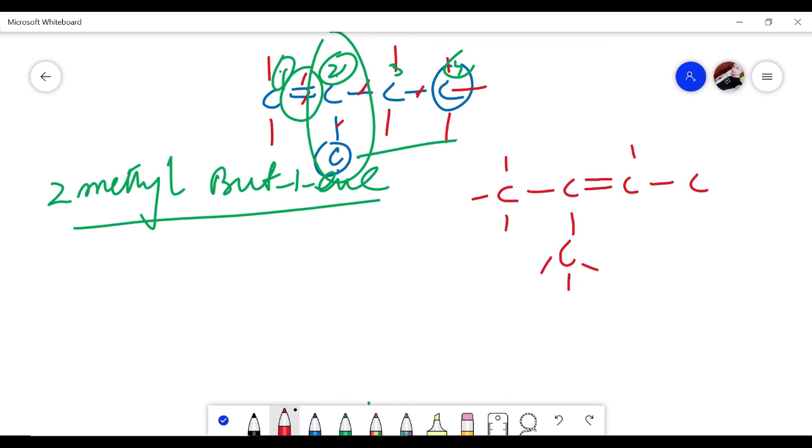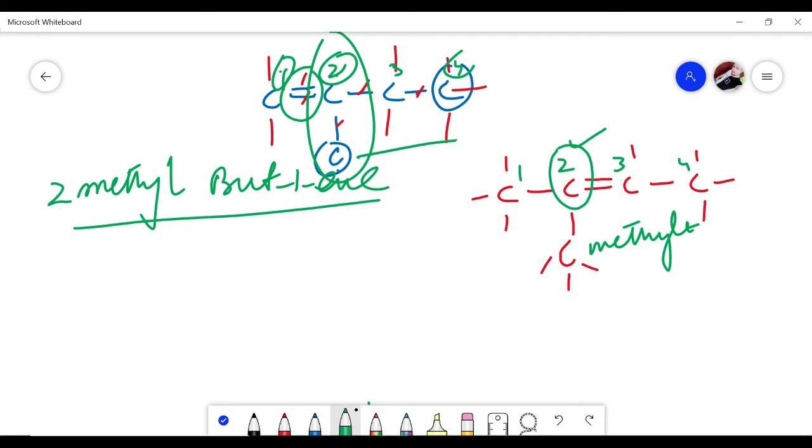Keep in mind there should be 4 lines on each carbon. So now let us count this one. 1, 2, 3, 4. On position 2, we have the double bond also, and we have the methyl group also. Clear?